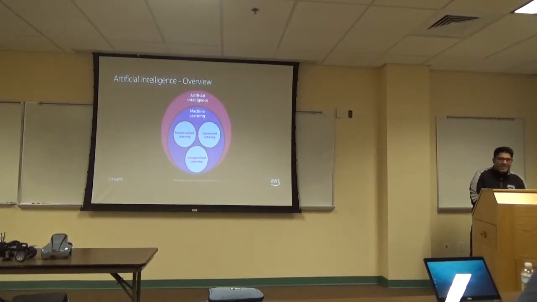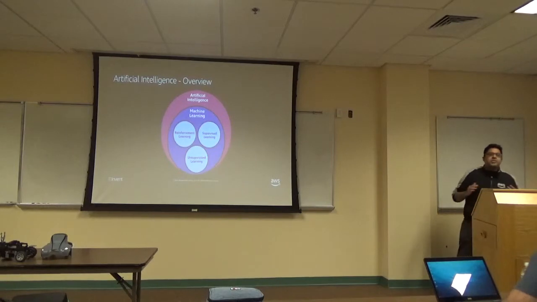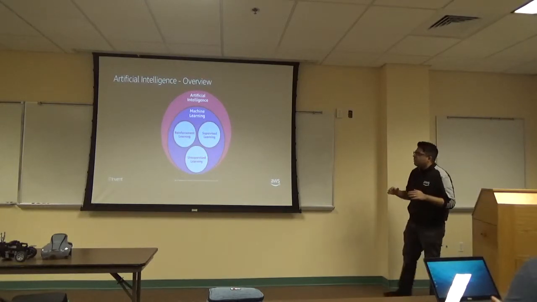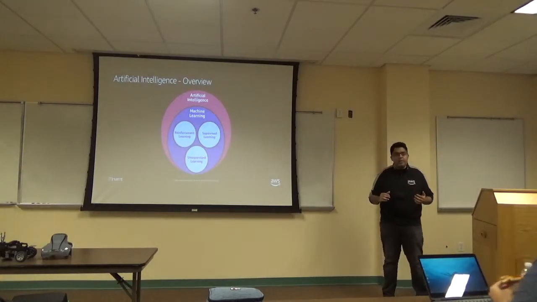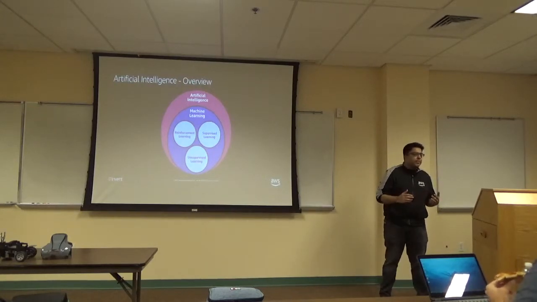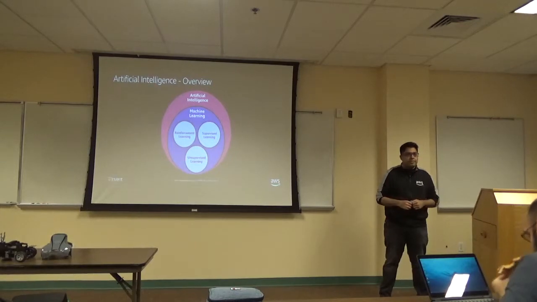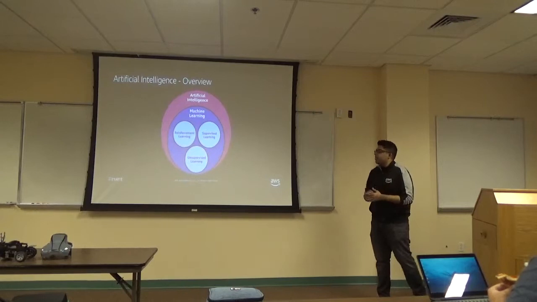So artificial intelligence, really quickly, is any sort of code or system that lets you mimic human behavior. And this doesn't have to be anything super smart or sophisticated. This can be a bunch of if or else statements that can mimic how a human might interact with a certain system.